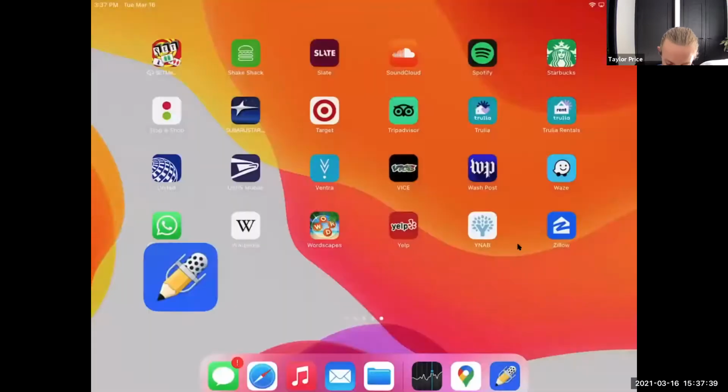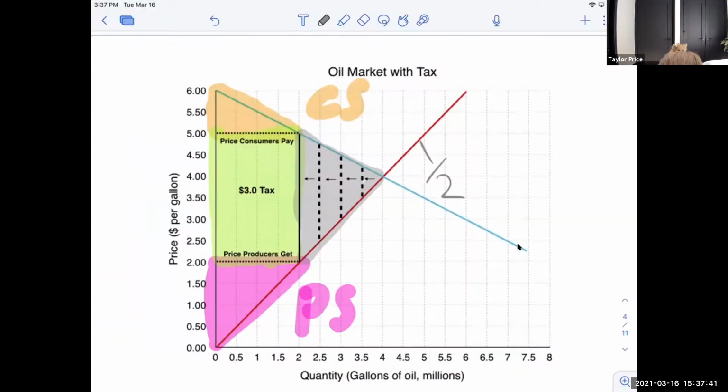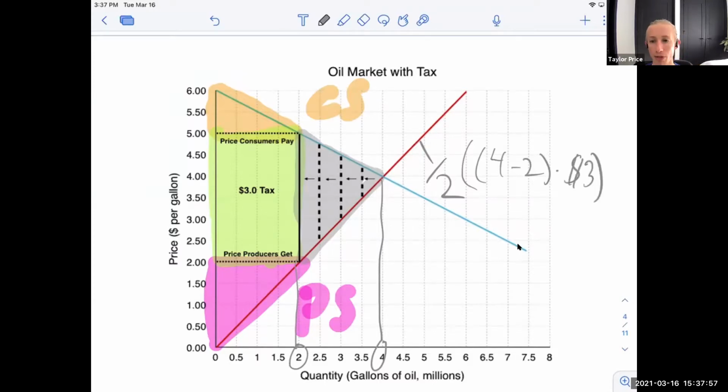So you're doing the 1/2, and in this case, it's going to be the difference between 4 and 2. So you're going to have 4 minus 2 times the amount of the tax. And so that's how you would calculate deadweight loss for this specific example.